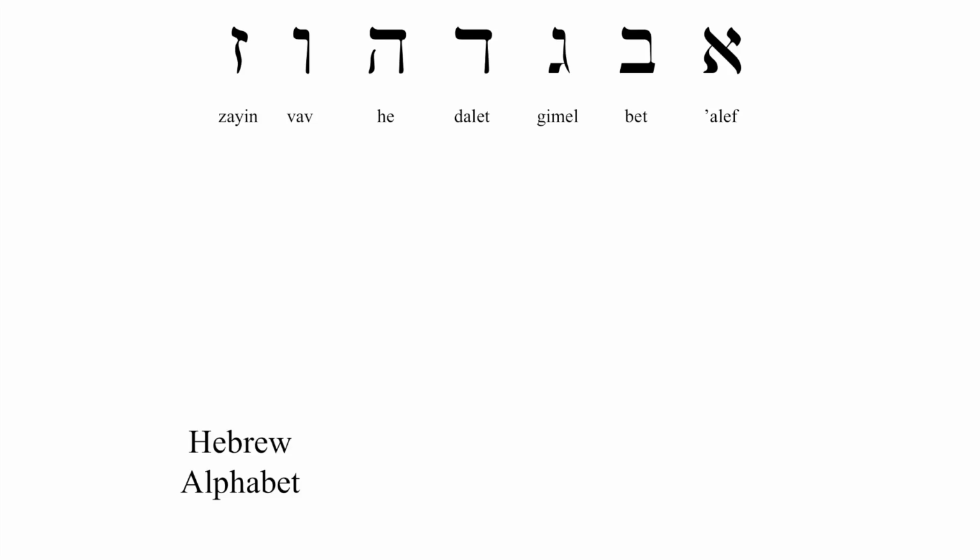Aleph, Gimel. Okay? So let me run through the first row, and then let's talk about those before we move on. So we have Aleph, Beit, Gimel, Dalet, He, Vav, and Zayin.